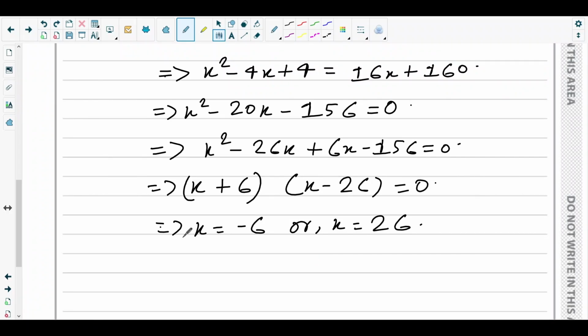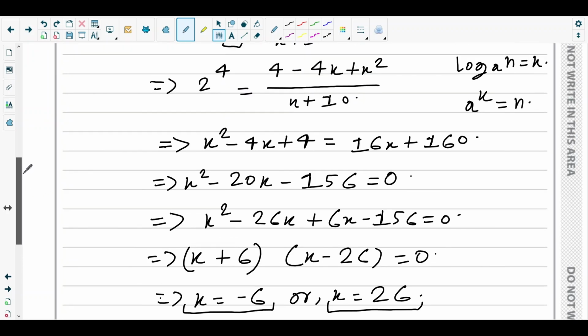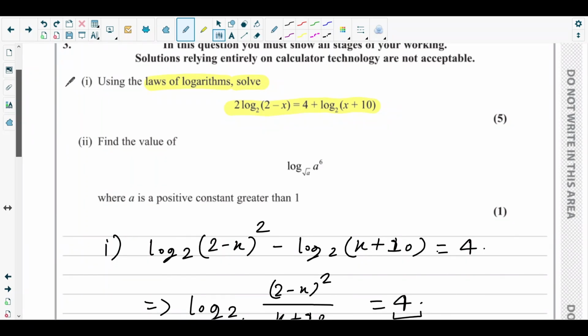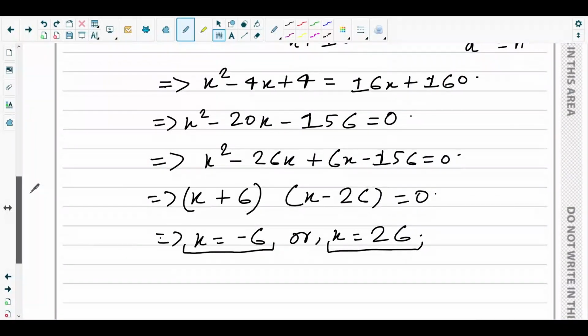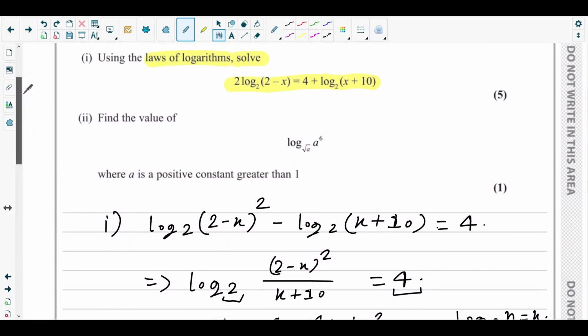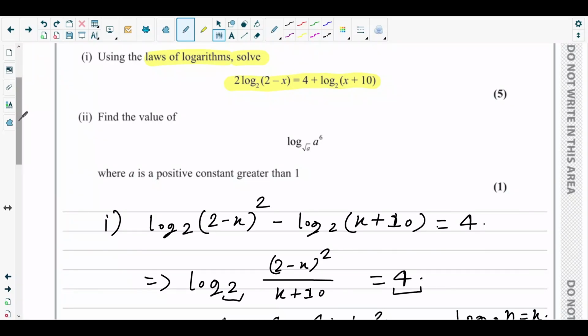Now we need to figure out whether both are acceptable or not. How can we figure that out? Let's have a look at the equation. We have to consider the value of x that will not give a negative within the bracket of the log.